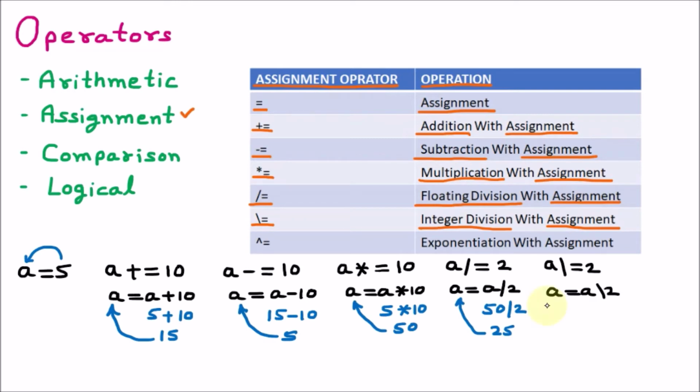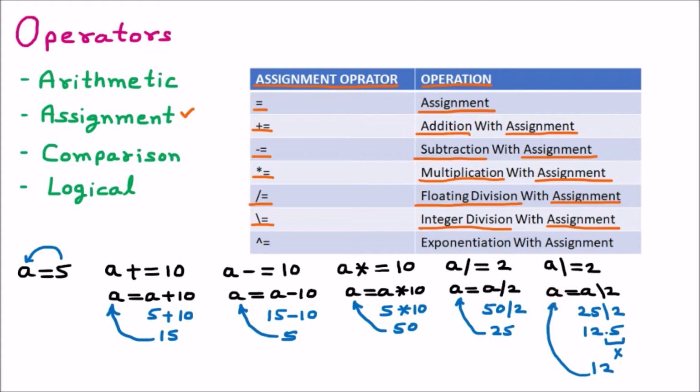The value of a is 25, and 25 divided by 2 is 12.5. Here the 0.5 is discarded because this is integer division and only 12 is taken. So now this 12 is stored back in a. In float division, float values are taken. In integer division, only integer values are taken and float values are discarded.